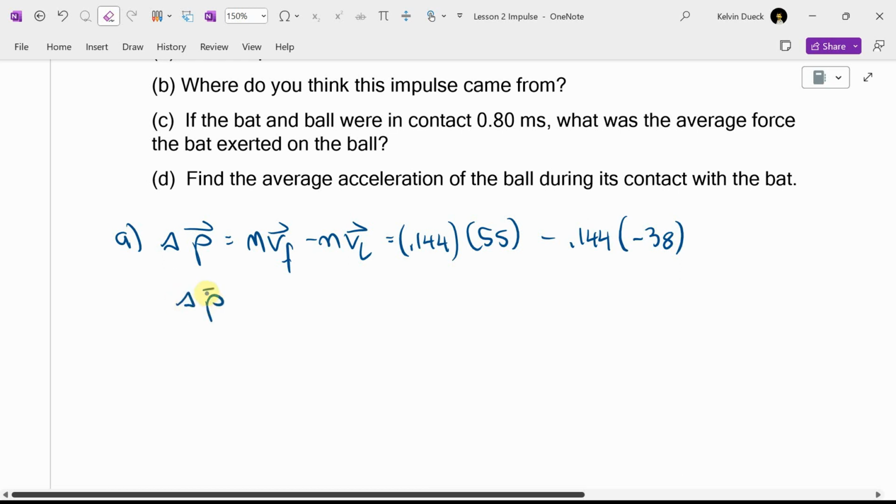Time to go to your calculators. What do you get for the impulse? Aiden, what'd you get?